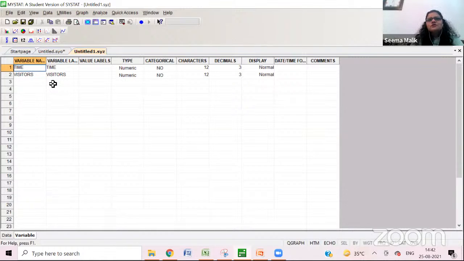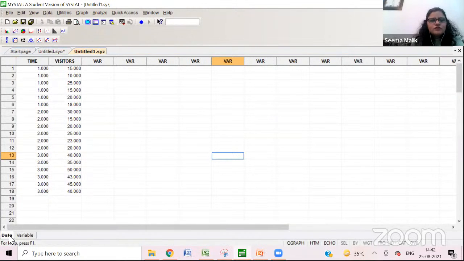So being a manager of a mall, he wants to invite band performances, live performances in his mall. So he wants to get an idea about at what time people come in more number to the mall. So he noted the frequency of persons, the number of visitors, at three different times: morning, noon, and evening. So we have three categories over here.